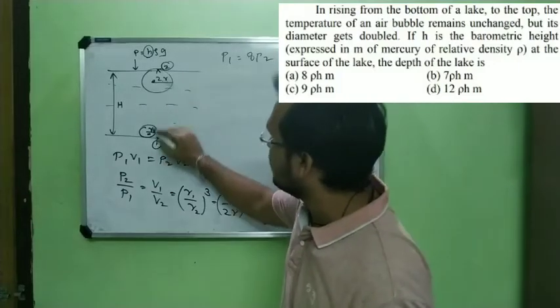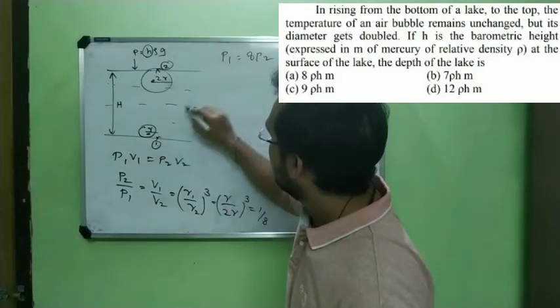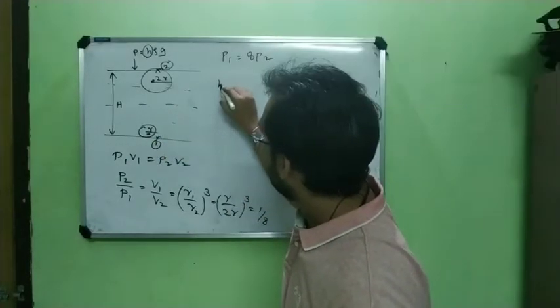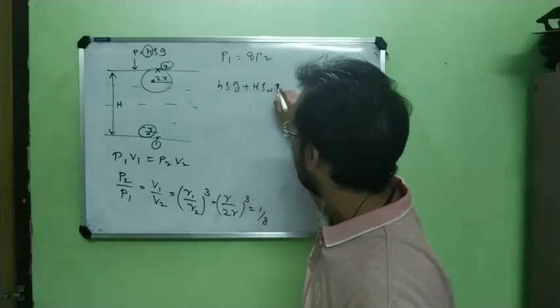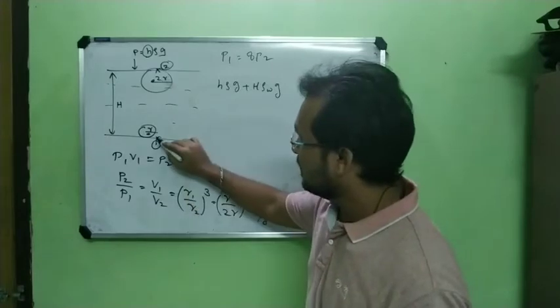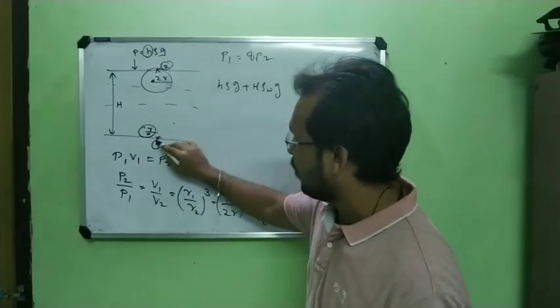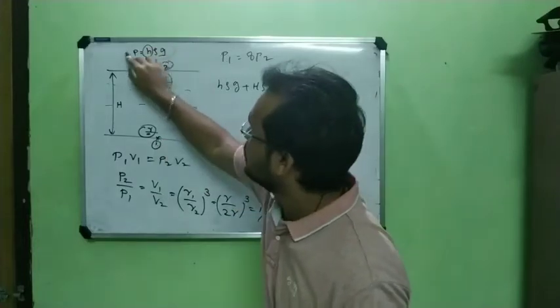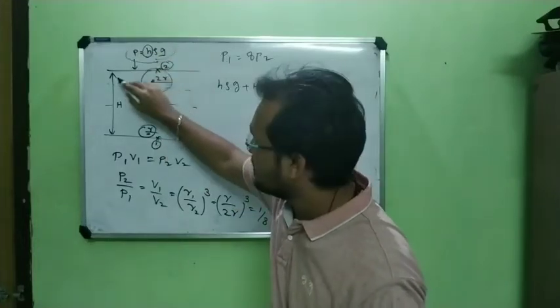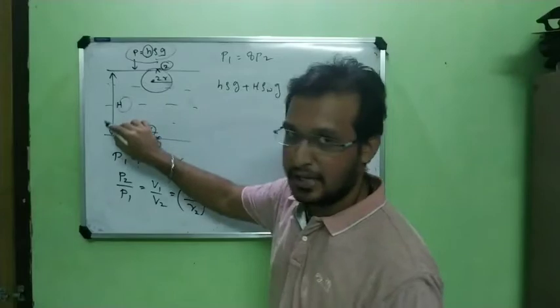What is the pressure acting on the first point? On point 1, total pressure equals atmospheric pressure plus the pressure corresponding to depth, H rho g plus capital H rho W g.